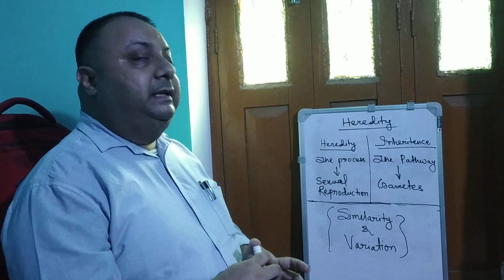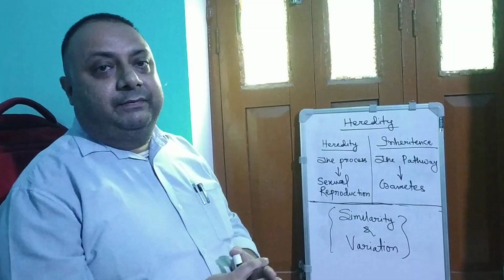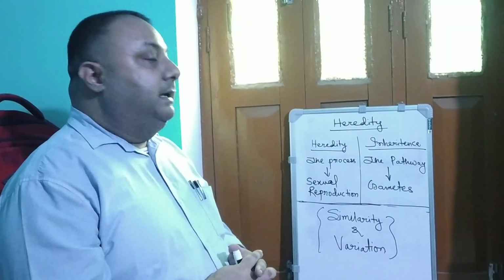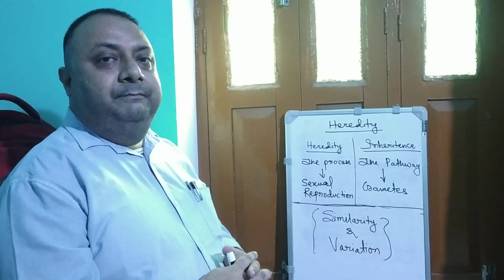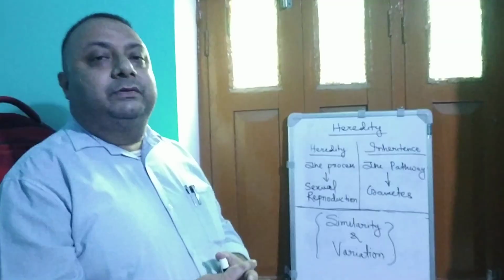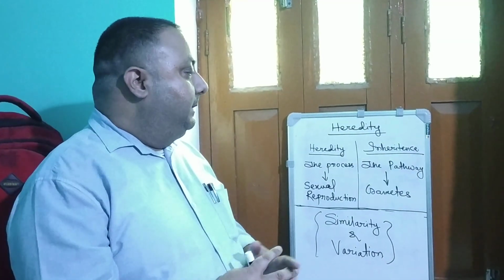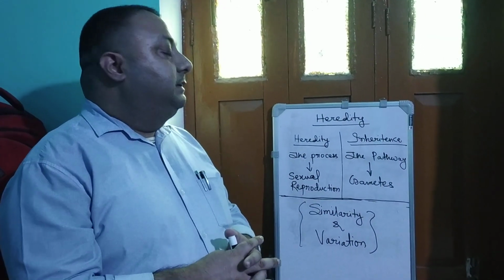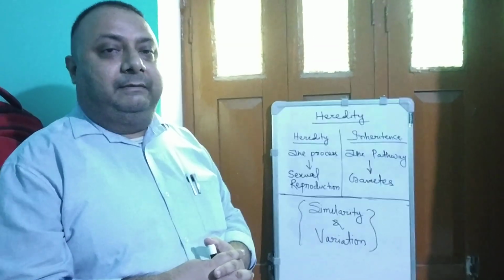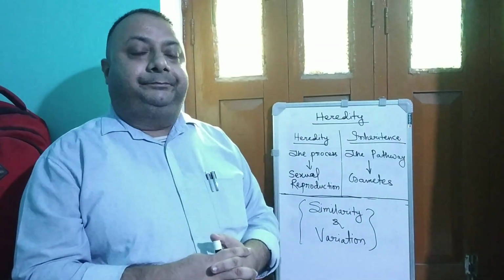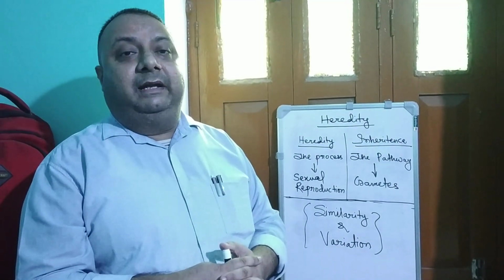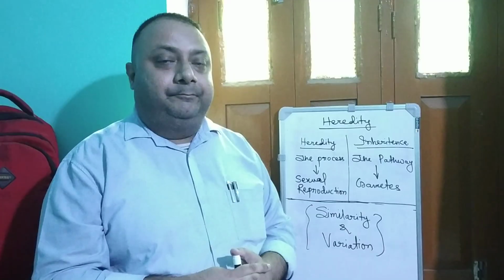Heredity is the process of transfer of parental characters to the progeny, and this process is basically sexual reproduction or sexual recombination. But in case of the term inheritance, it is the pathway, and this pathway is travelled by the gametes of male and female parent.